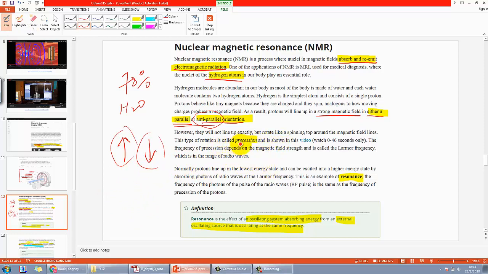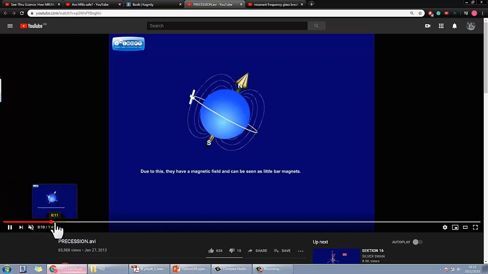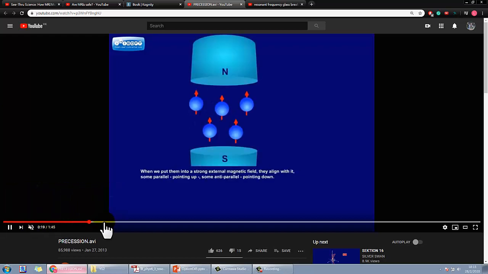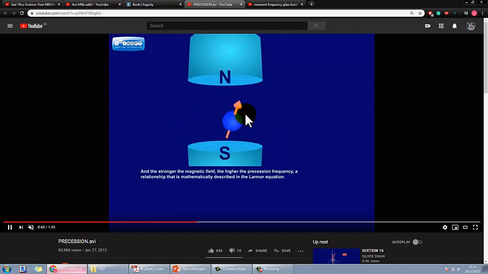One thing mentioned here is called precession, and precession is something similar to a spinning top, which people play with for fun. But in fact, this motion is quite important, not only in MRI but also in astronomy.